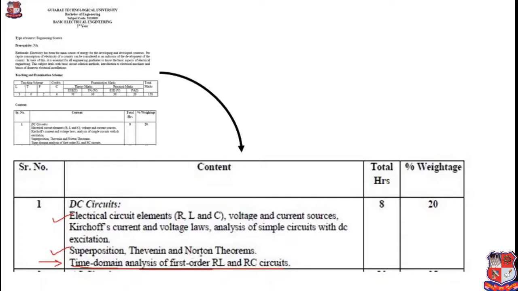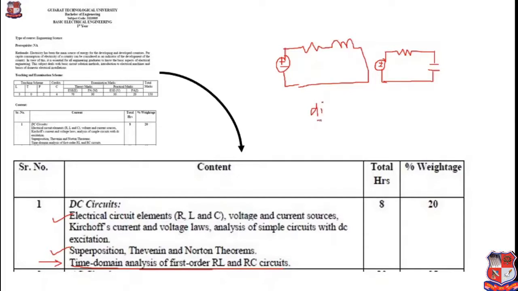So first of all, what is first order circuit? Whenever you solve a resistance and inductance circuit with a supply, or you solve a circuit with resistance and capacitance that is connected with the supply, you will end up with an equation in the form of di by dt or dv by dt.